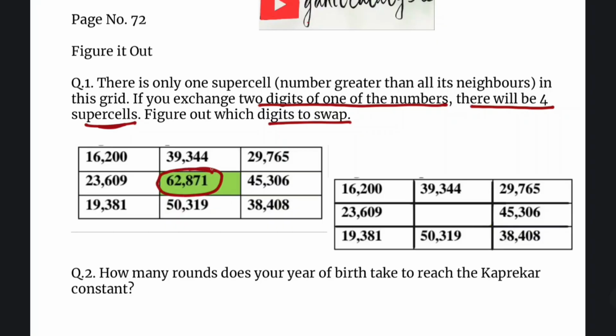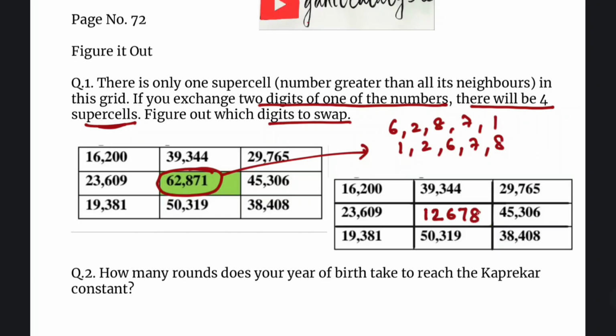So the smaller number is using 6, 2, 8, 7, 1. So we get 1, 2, 6, 7, 8. So if you write down in the middle one, 1, 2, 6, 7, 8, we have 236, 39,344, 50,315, 45. All will become supercells.